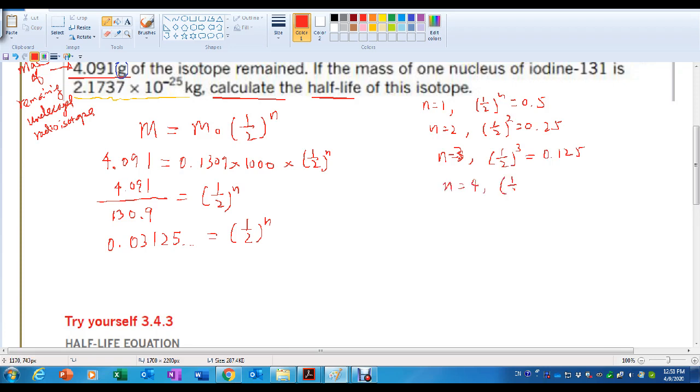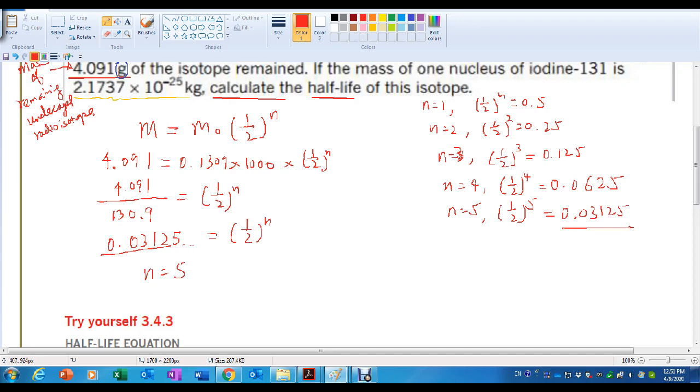About 4, that just becomes 0.0625. It's very close. If it gets to 5, it becomes 0.03125. Bingo. Here's the number. So that means n equals 5.